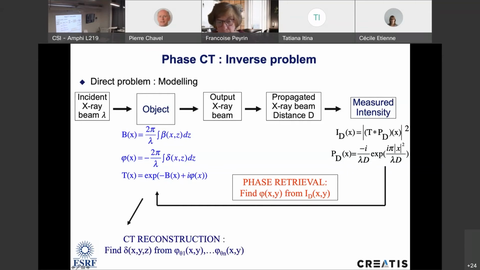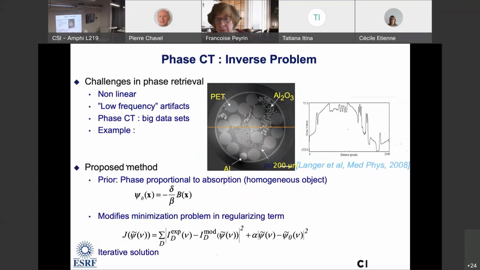So you will have two steps actually. From the projection data, you will do a phase retrieval method, and then you can do a CT reconstruction method as previously to recover delta from phi. So you have a more complex inverse problem, where you also have to develop algorithms.